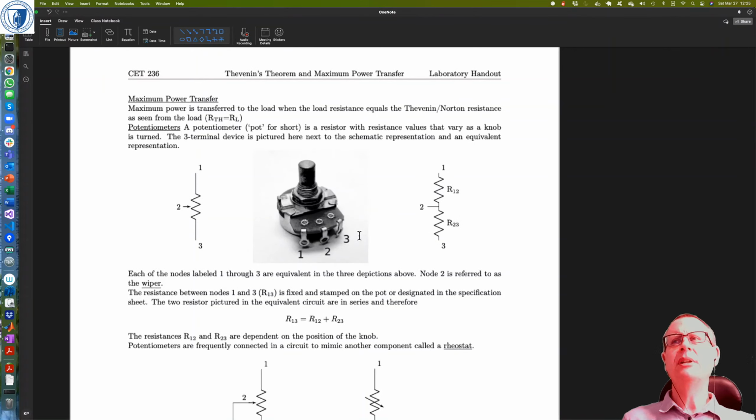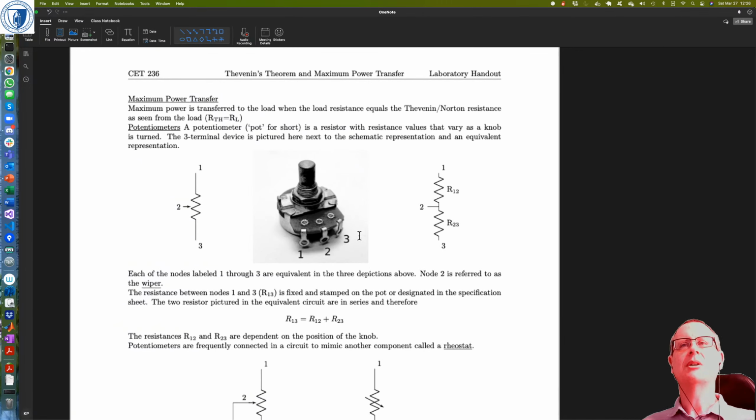It's a bit of a pity we don't have an actual lab, because one of the things we need to use in this, if we're doing this lab in reality, is a thing called a potentiometer, right?